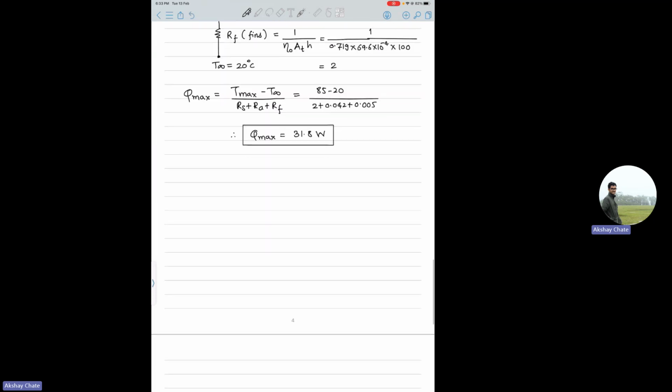So one can verify the calculations, and we should arrive at this point. So this is the typical question that is asked from fins. Apart from those single fin questions, this is like the whole fin assembly question. We can take one more question.